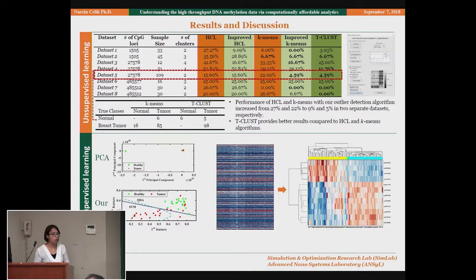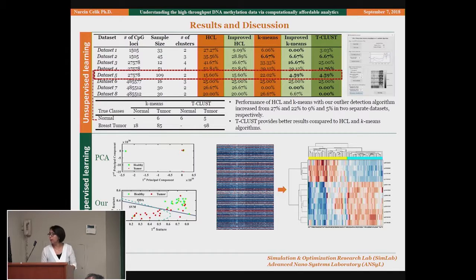When we compared our work against the traditional works, what we did for the unsupervised learning was take the dimension reduction algorithm, incorporate it into the traditional algorithm, and then compare it with the traditional algorithm alone. We also did the same thing with our feature selection algorithm to see how much of a benefit we can have at the end of this running.